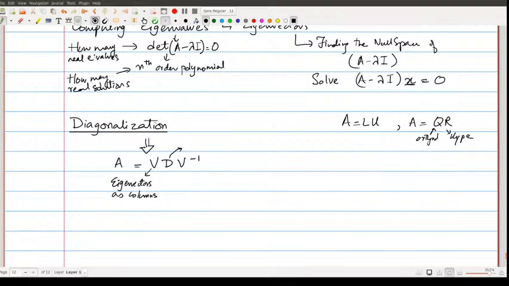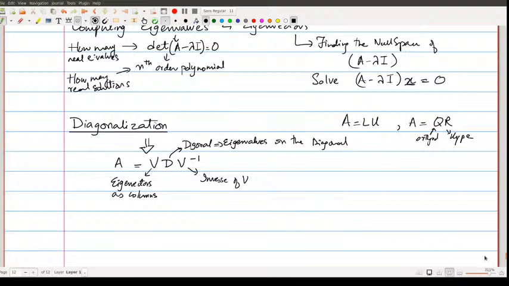And this D matrix is a diagonal matrix, but it contains eigenvalues on the diagonal, right? So we're gonna do a couple of examples, and this V inverse is just the inverse of V, right? That's fine. We'll see how to do that.